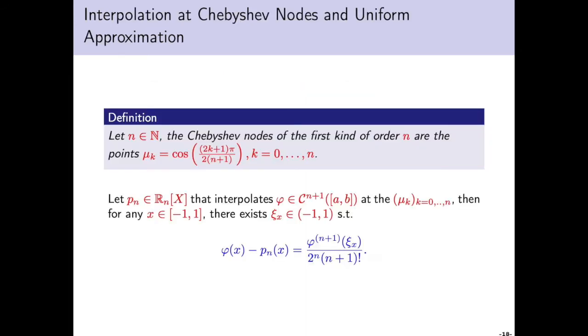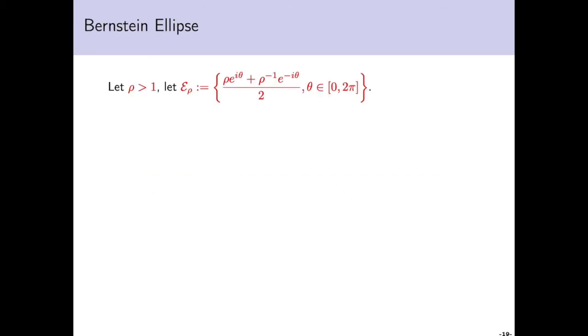Before stating another result, I have to introduce the natural domain for studying Chebyshev interpolation or Chebyshev approximation. This is what we call the Bernstein ellipse. A Bernstein ellipse for -1, 1 has this form.